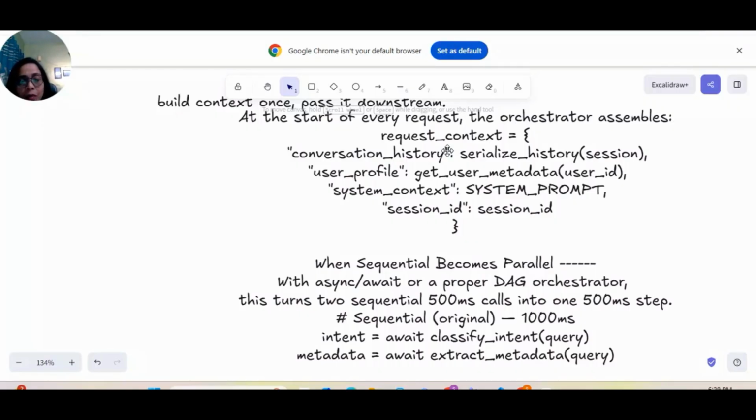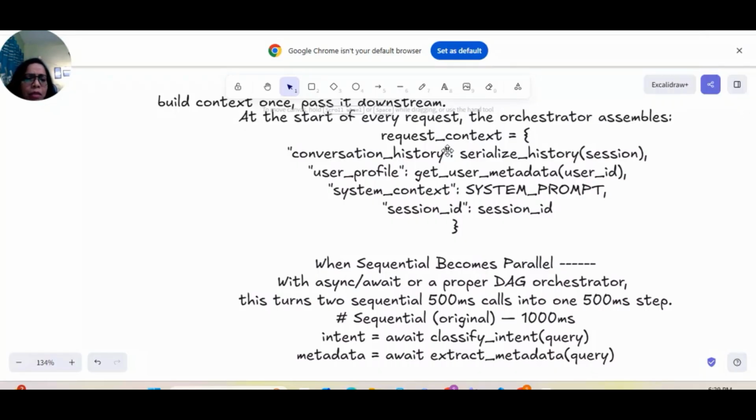For your information, Anthropic's prompt caching discounts cached input tokens by up to 90%. If your system prompt is 2000 tokens and you are running 85,000 requests per day, then caching saves 2000 tokens times 85,000 requests times the 90% discount. That's 153 million tokens of saving per day from one static component. Then you can imagine how much cost we can save here.